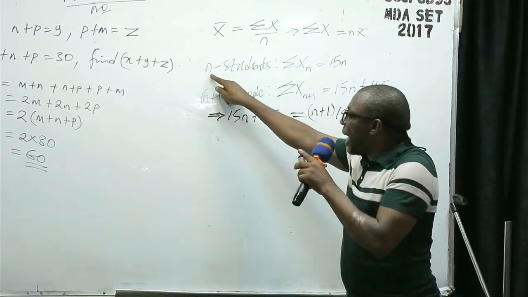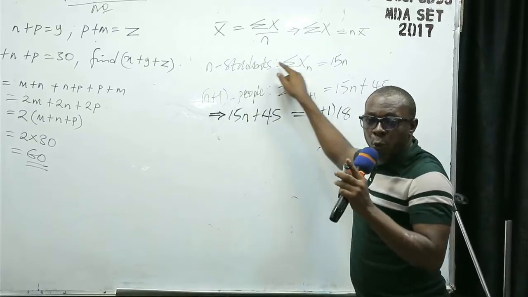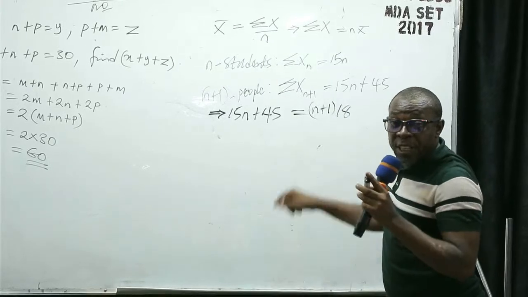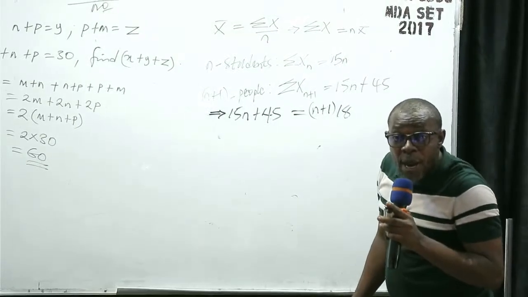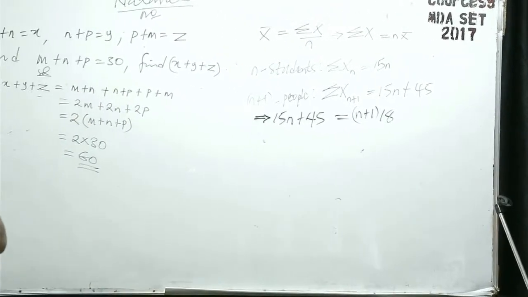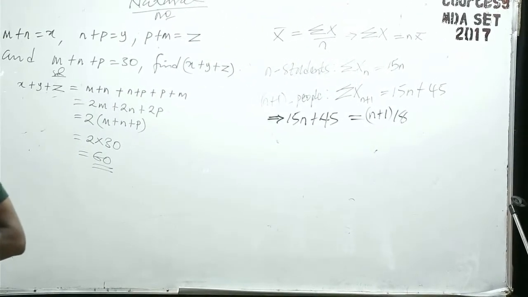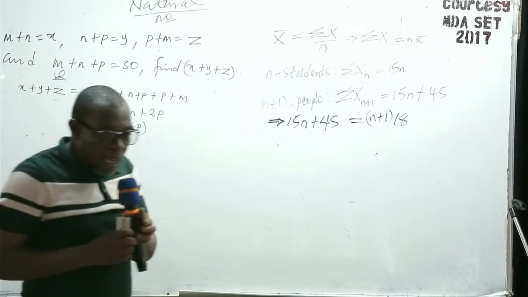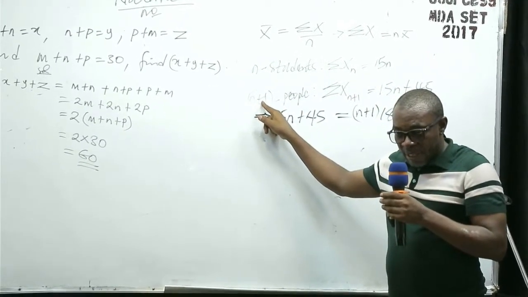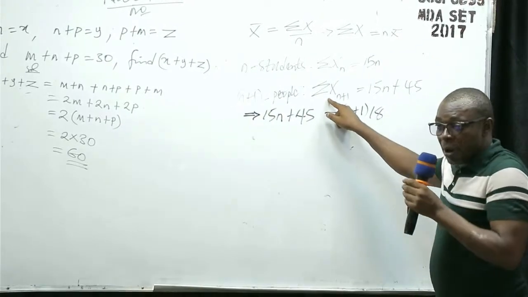When we had n students, what was the sum? 15n. 15 is the mean. Who is n? The number of students.